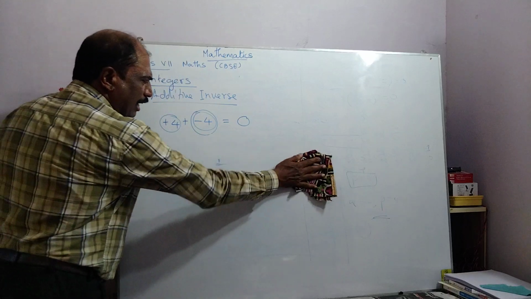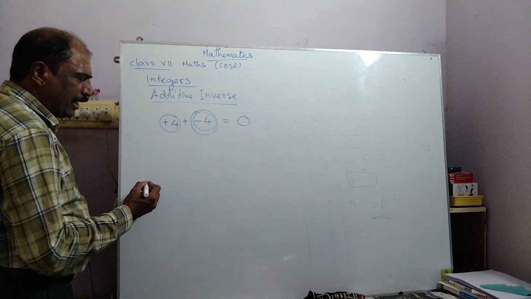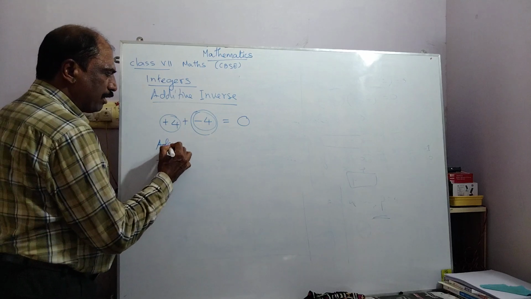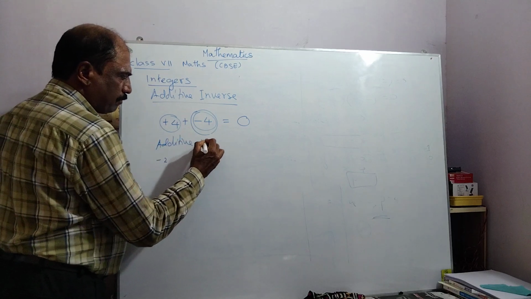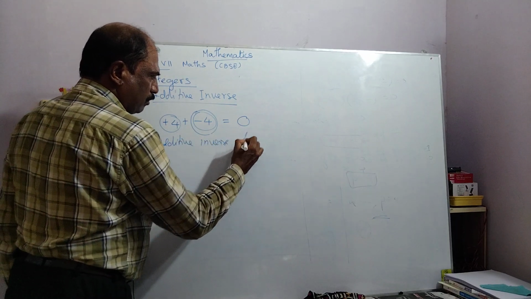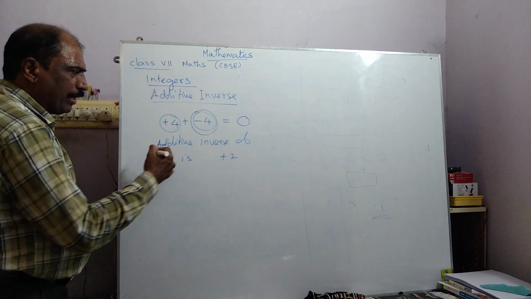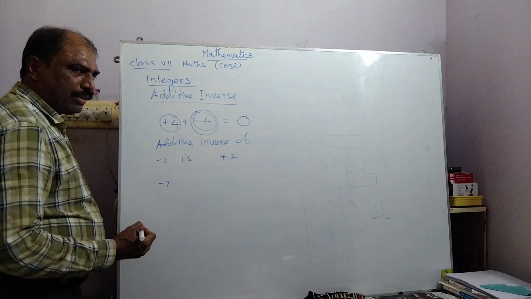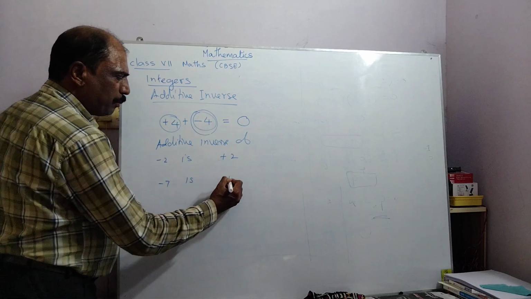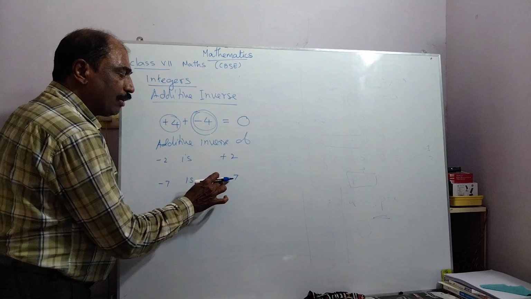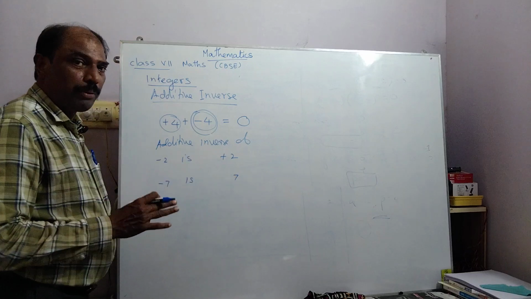Now let us see a small exercise. What is the additive inverse of minus 2? It is plus 2. Good. What is the additive inverse of minus 7? It is plus 7. Most of the time we don't write the plus; if you are not giving the sign, it is considered positive.